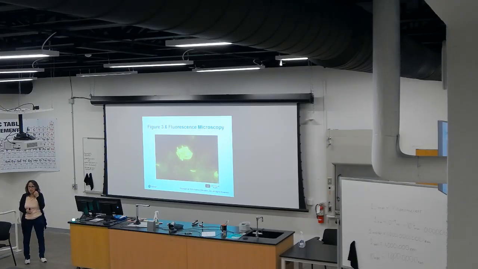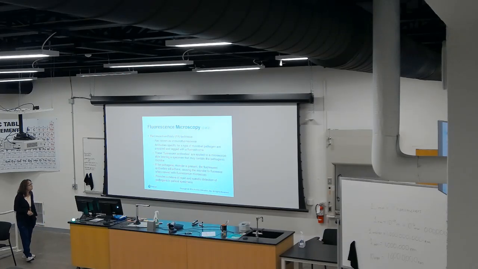So there is less chance of having false positive results, because the antibodies bind to these receptors, and then you shine UV light, these fluorochromes emit the light, and then you can see the fluorescence. That means that your sample is actually what you believe it is. There is no discussion there.